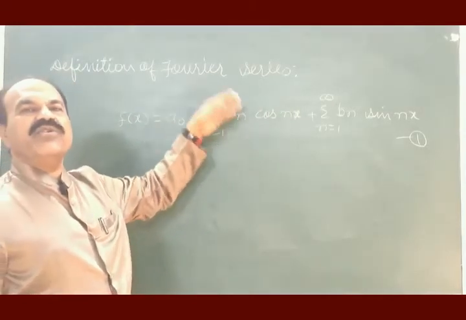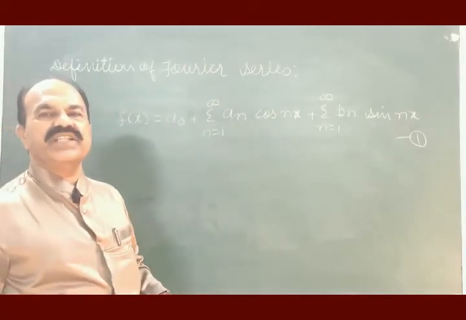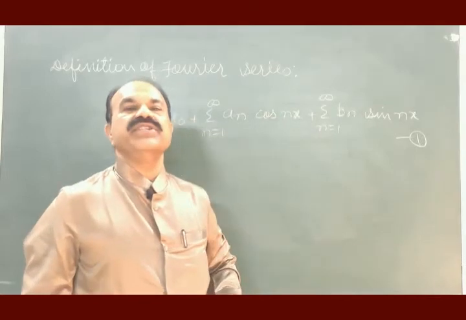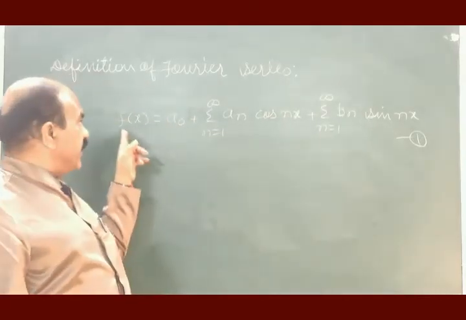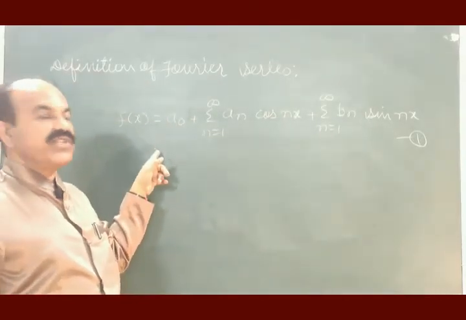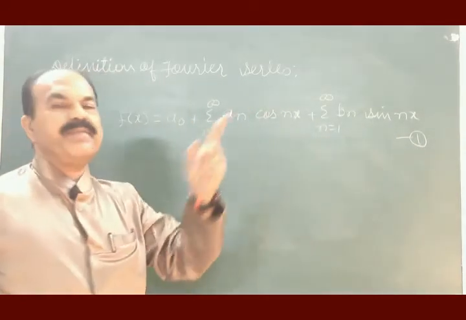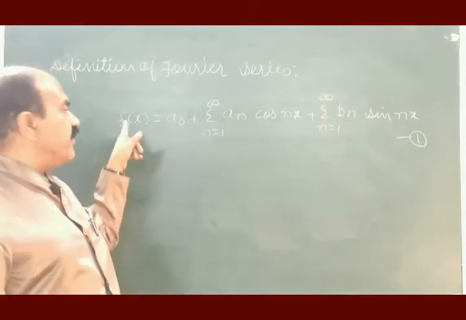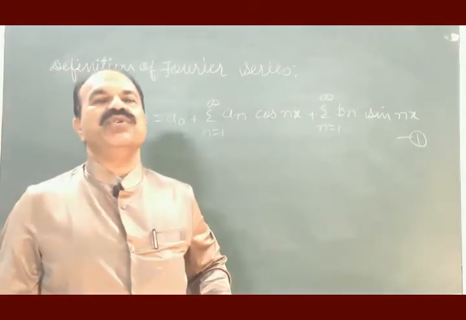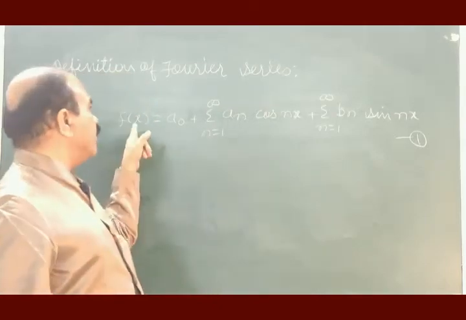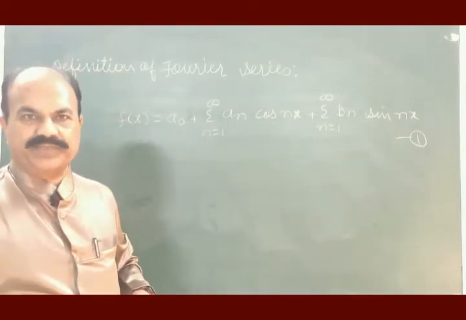This series may have an infinite number of cosine terms and an infinite number of sine terms. If any function f of x is represented in this form, then this representation of the function f of x is known as Fourier series representation of the function f of x.